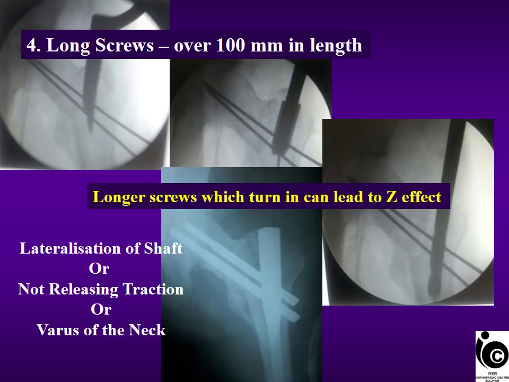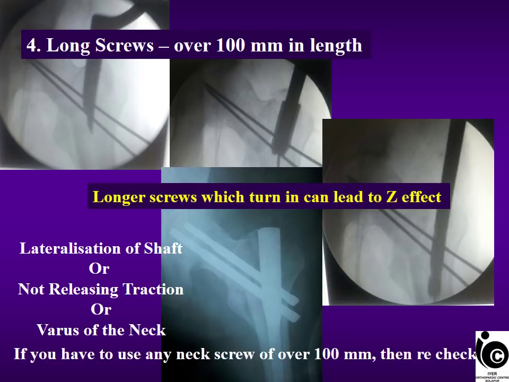Longer screws, though they look perfect on table, once you take the patient off the orthopedic table and the traction becomes less, they back out from the outer cortex and the head will be more prominent, and I feel that is one of the reasons for Z effect. If you ever have to use a neck screw of over 100 millimeter, think twice, recheck, there is some problem.